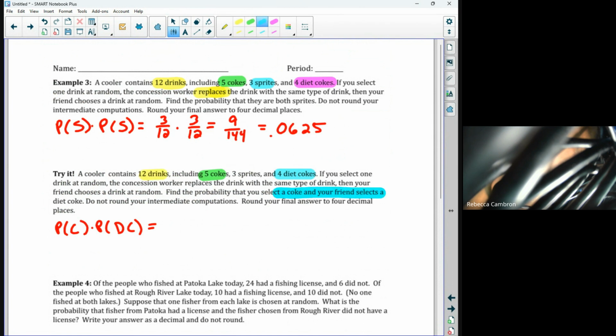And here's the situation. So it's 5 out of 12 Cokes, 4 out of 12 Diet Cokes, which is 20 over 144, which is 0.1389.